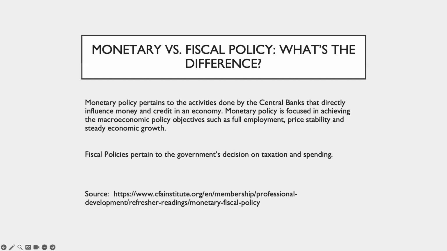Fiscal policy can be used to redistribute income and wealth. That is the effect of taxation. Tax is levied on individual taxpayers for the purpose of redistributing that wealth to other people.